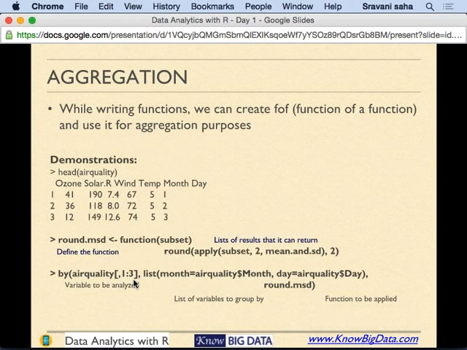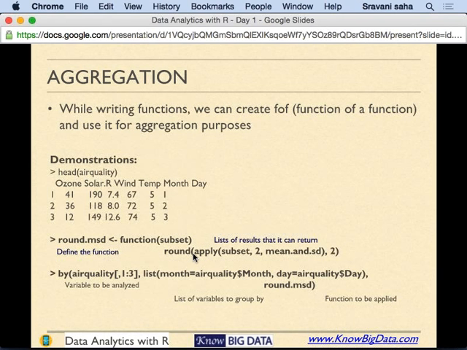Now to aggregate a data frame, your logic should take the data frame and then aggregate it. Round.msd takes the data frame, and first it calls apply.